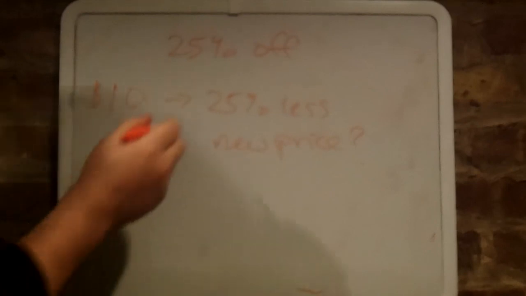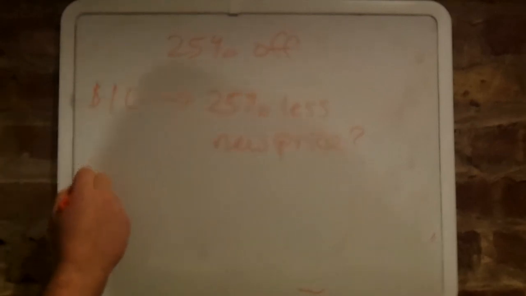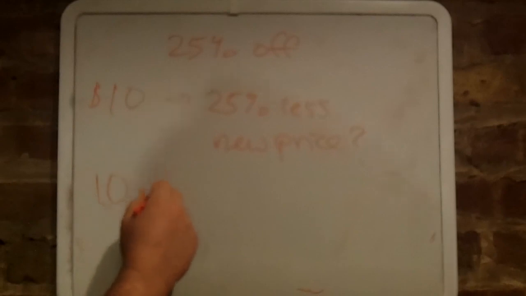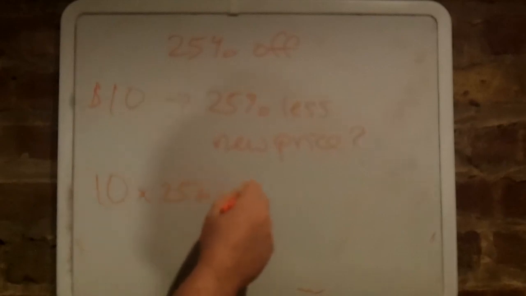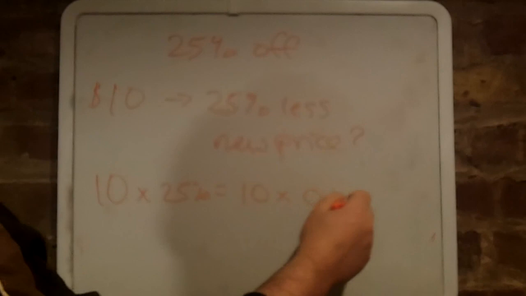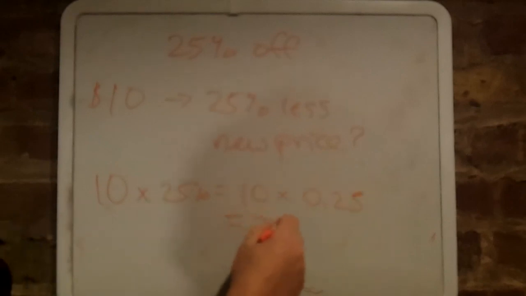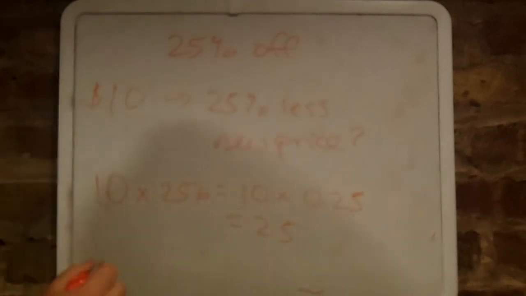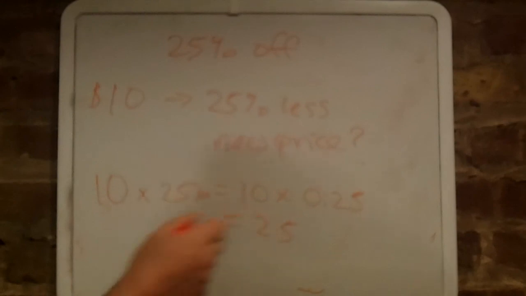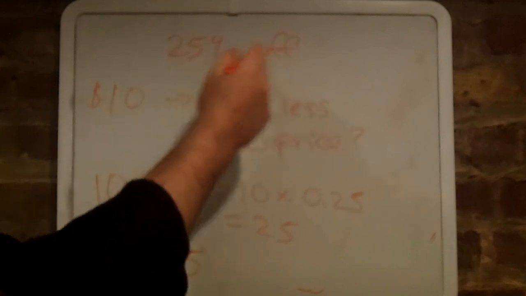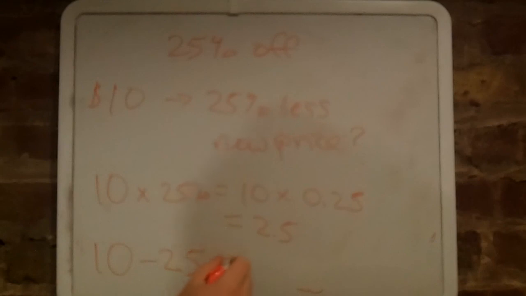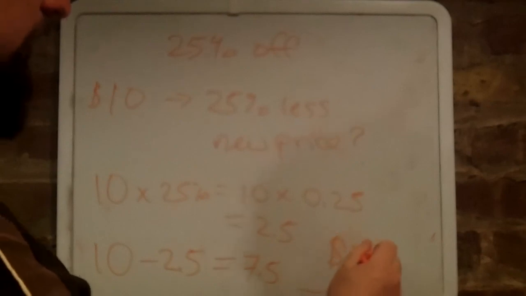First we take 25% of 10. So 10 times 25% is the same as 10 times 0.25, which is 2.5. So this is the amount we're taking off. So we take 10 minus 2.5, right? Because we're taking it off, it's going to be less. So 10 minus 2.5 is 7.5. That means something that was originally $10 is now going to be $7.50.